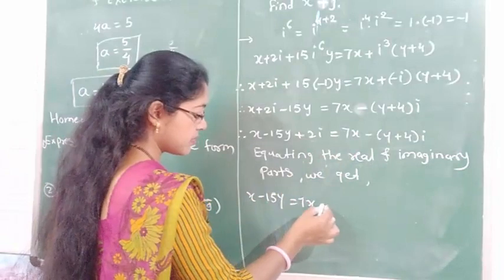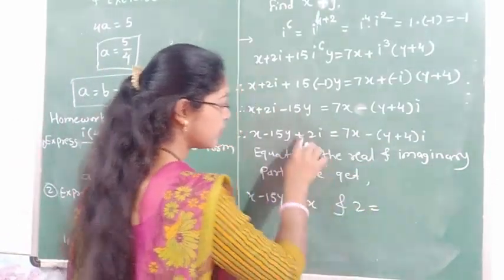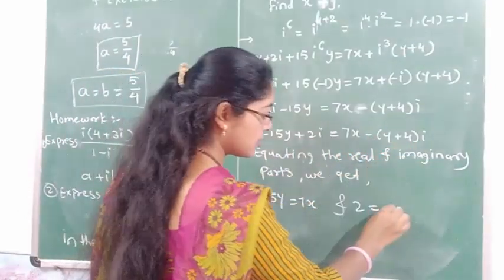This is equation first. And 2 is equal to minus y + 4.